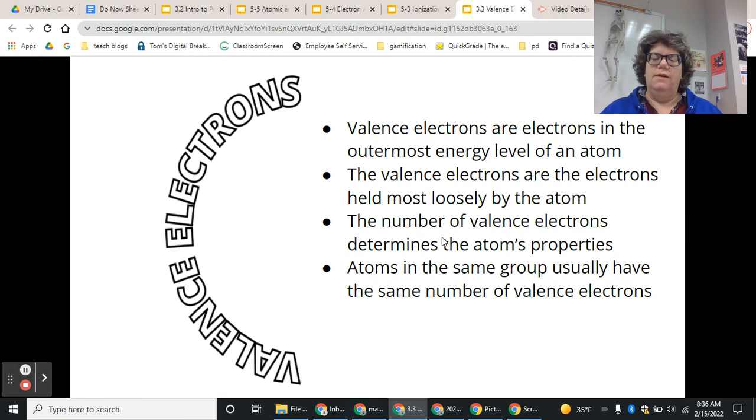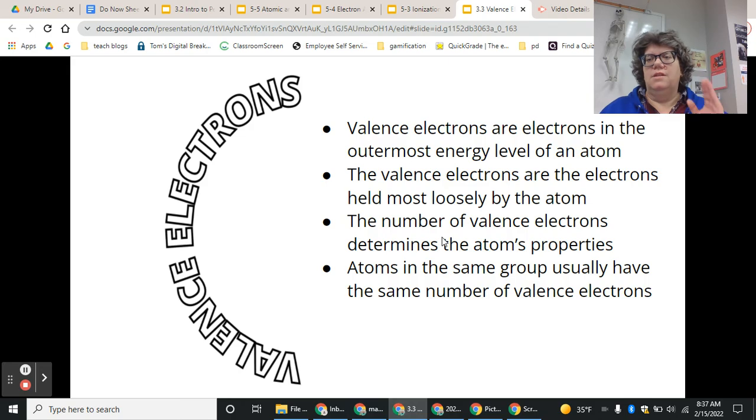huge part of that. The number of those valence electrons determines the atom's properties. So they determine how the atom behaves, basically. And remember, we talked about in the last video, things in the same group, in the same column, have the same type of properties.